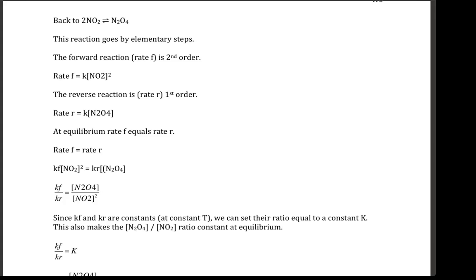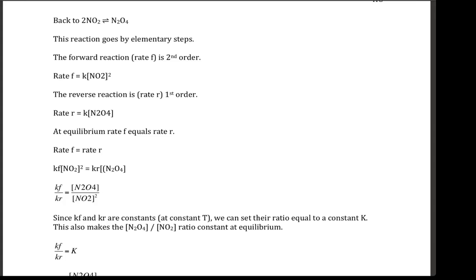So we have rate F equals rate R, or Kf, being the rate constant in the forward direction, Kf times NO2 squared equals Kr times N2O4. We could also solve for the ratio of the rate constants. So Kf over Kr is equal to the N2O4 concentration over the NO2 concentration squared.